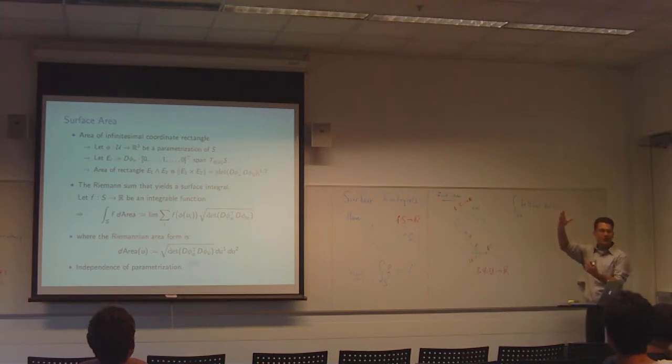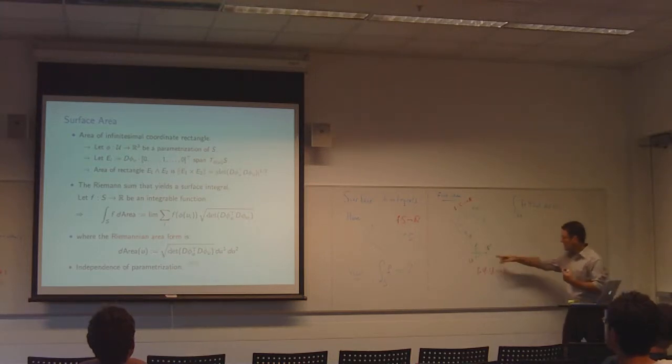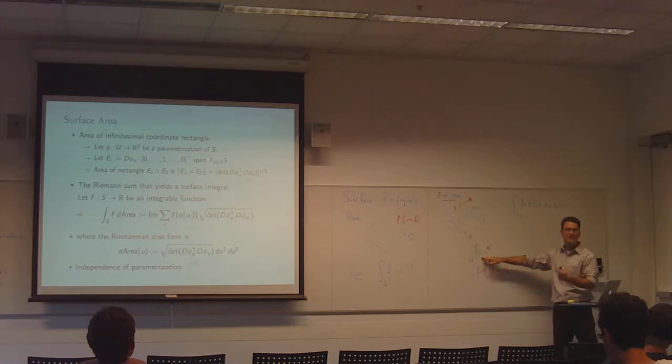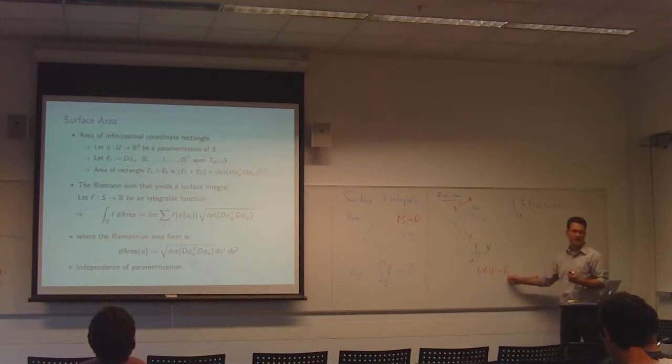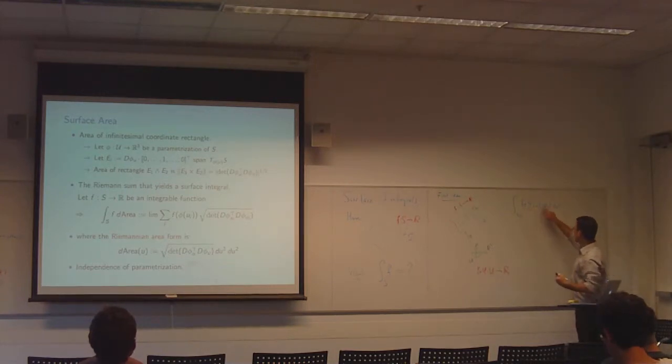I want to make it real. How do I make it real? Well, I look at it through the lens of the parameter domain. So I compose it with the parameterization. Now I've got this function taking you from R2 into R. That's a thing I can get my hands on. Math 52 says I can integrate that thing. So here's a real valued function, and I'm going to integrate it du1 du2 over the parameter domain. Okay? All right. But what's the problem?